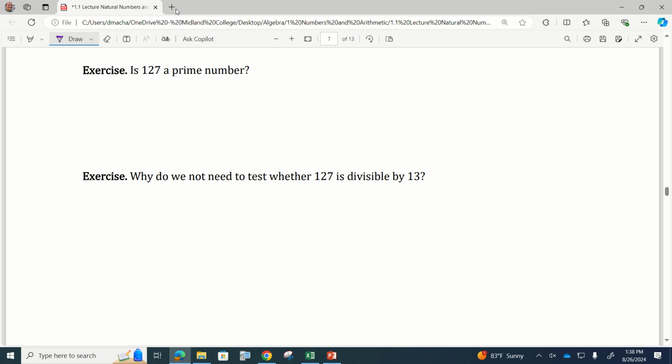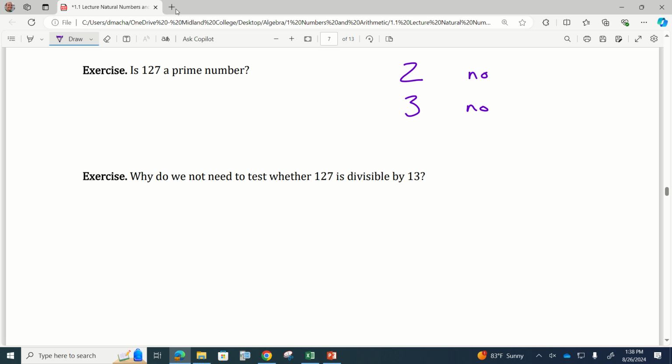This is how we check. I don't know. That's a big number. I don't know if it's prime or not off the top of my head. So we could ask, is it divisible by 2? No, because the 7 isn't divisible by 2, and we only have to care about the last digit. Is it divisible by 3? No, because the digits add up to 10.